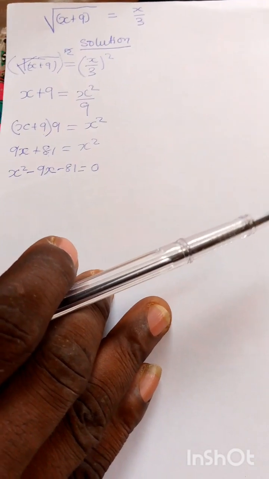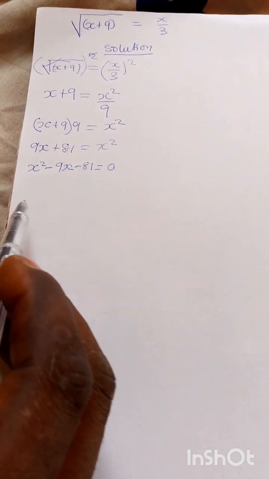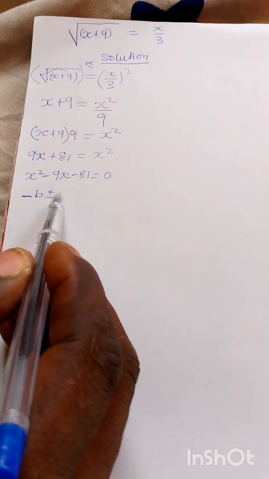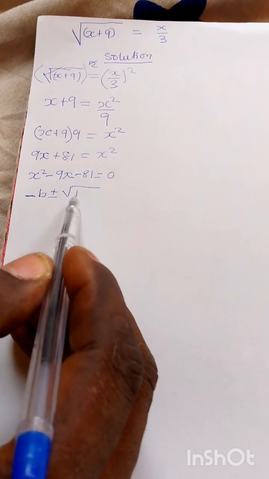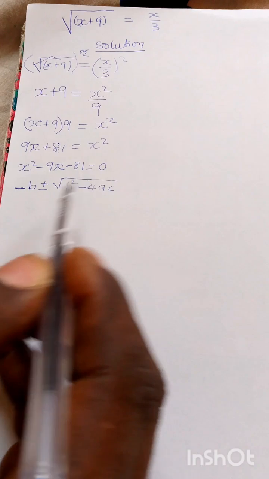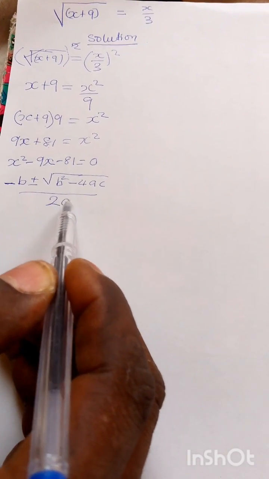If you look at this equation carefully, we might not be able to use any other method apart from using the quadratic formula. So quickly we apply it. Remember, the quadratic formula states that x equals minus b plus or minus square root of b squared minus 4ac, all over 2a.